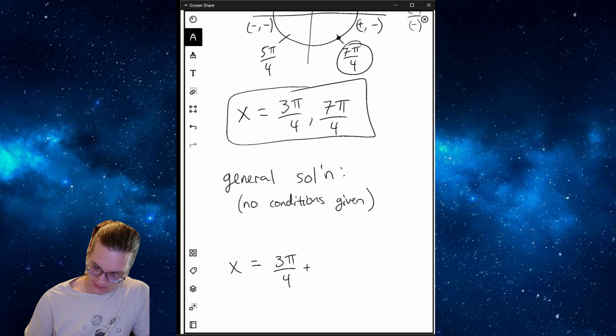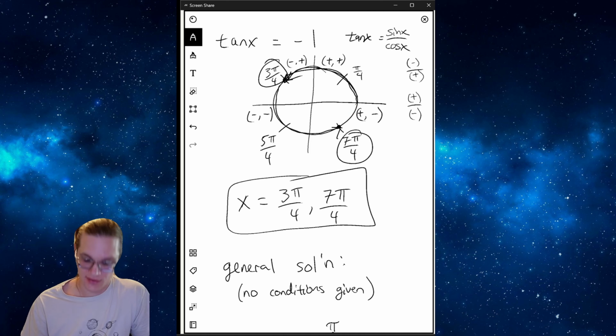This rotation, you can see it visually. That's the first solution found. Then a full 180 degrees is added to get you halfway around the circle to the next solution. To get the next solution is another pi around the circle.